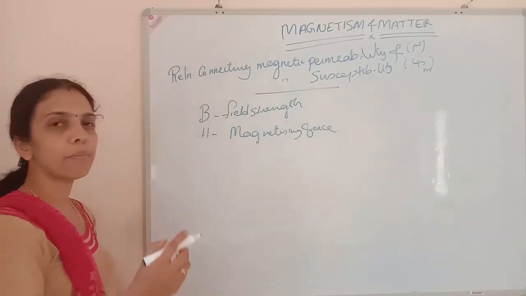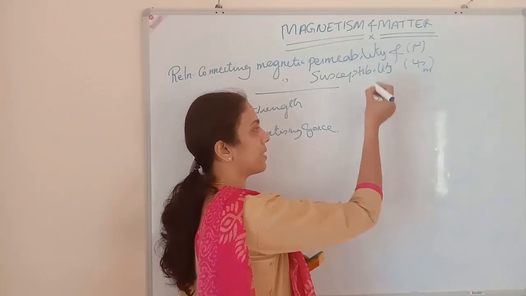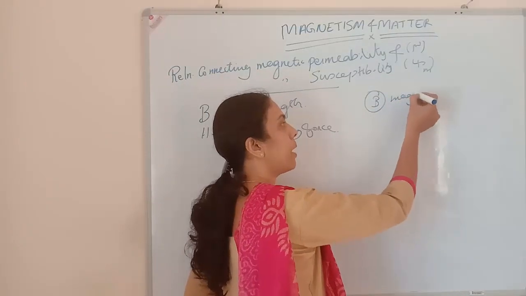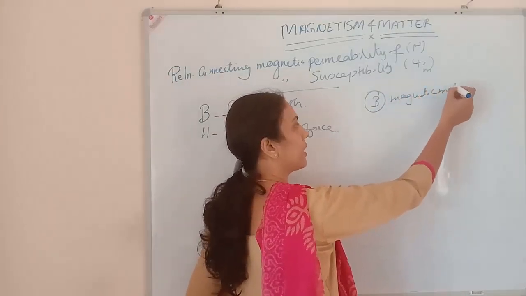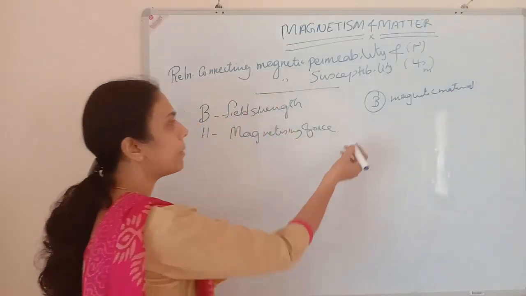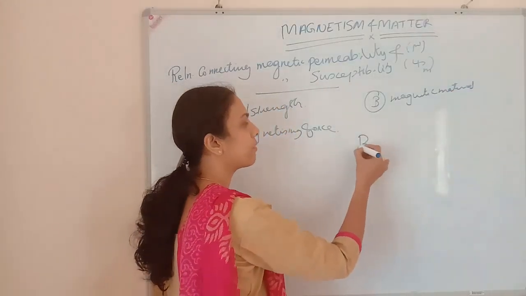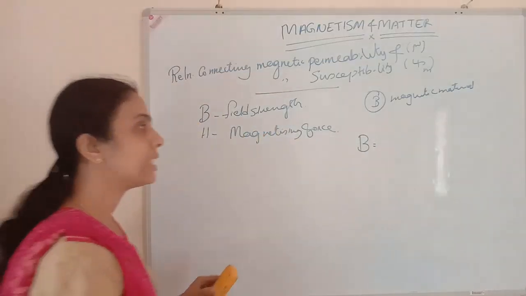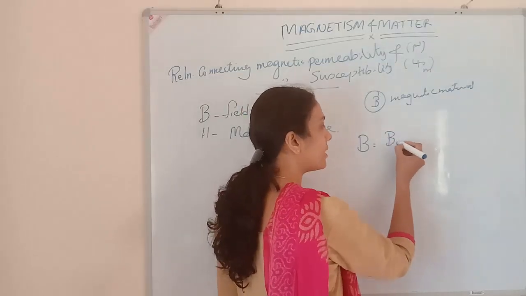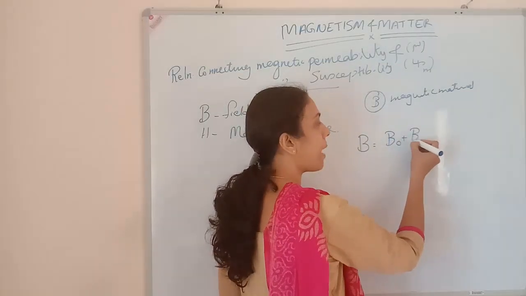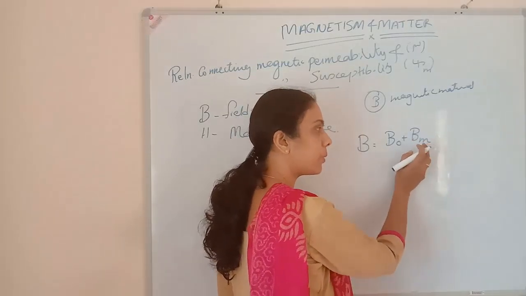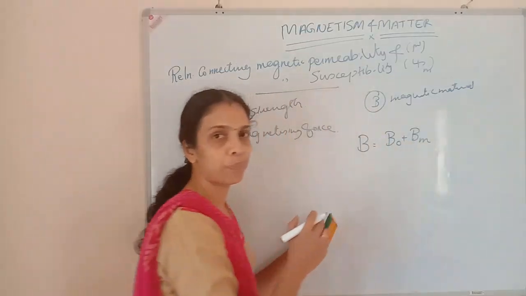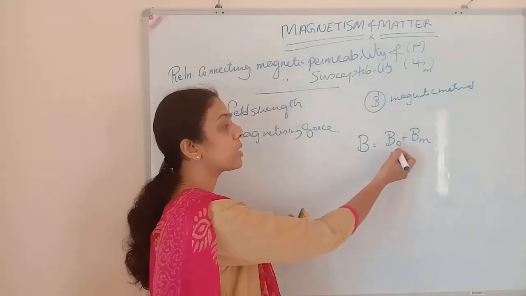Now, if a magnet or magnetic field is present, and a magnetic material is also there, what will be the total magnetic field of the magnetic material? That will be due to the vacuum present over there plus the magnetization produced by the magnetic material. So B equals B0 plus Bm.